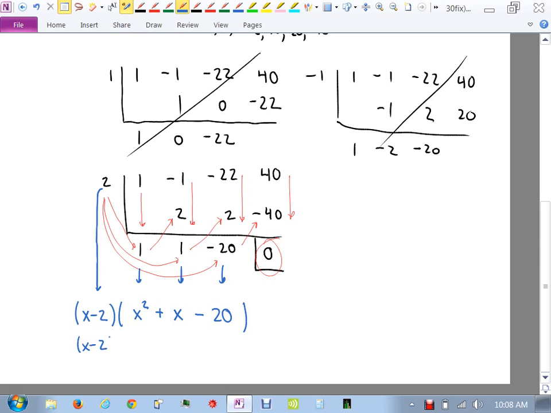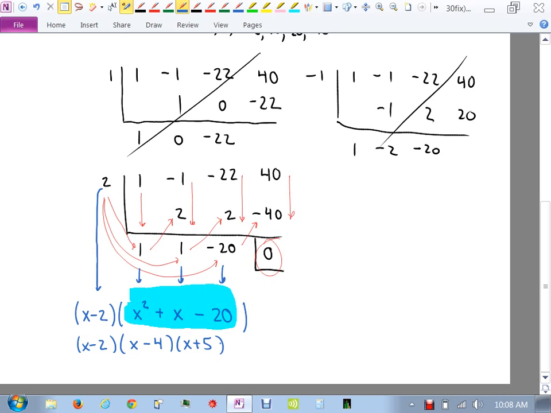I know I'm kind of at the bottom of the screen here. The remaining quadratic can be factored using the AC method or something like it. So x minus 4, x plus 5. I do expect that you could get that.